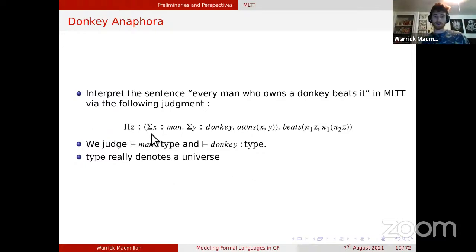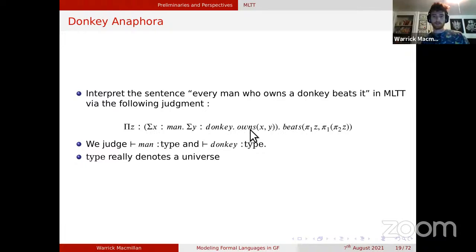So this just says for all z in the type of, if there exists a man and there exists a donkey such that the man owns the donkey. So for all entities of the donkey, man, and ownership triple, then we can produce something of the type that the first projection of that matched with the first projection of the second projection.